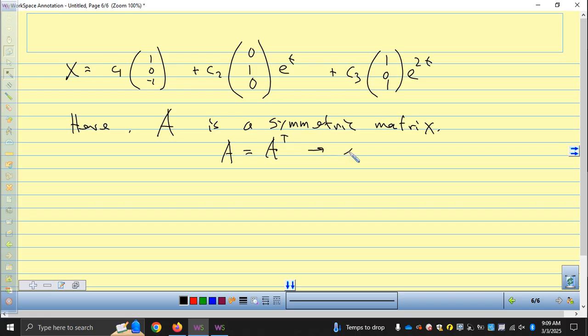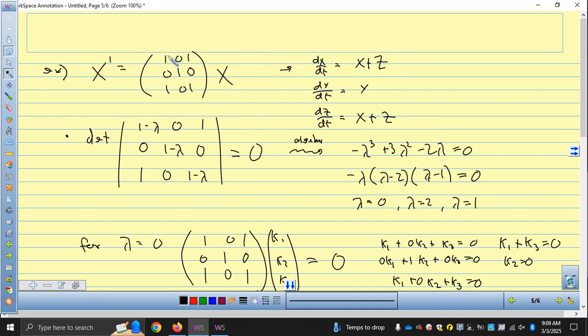And that just means switch rows and columns, so the rows become the columns. So let's go back here to matrix A. If I take row 1, 1, 0, 1, and turn it into column 1, I get 1, 0, 1.